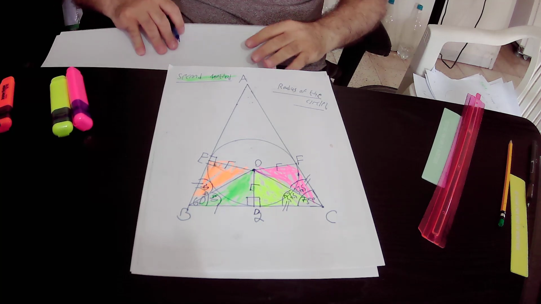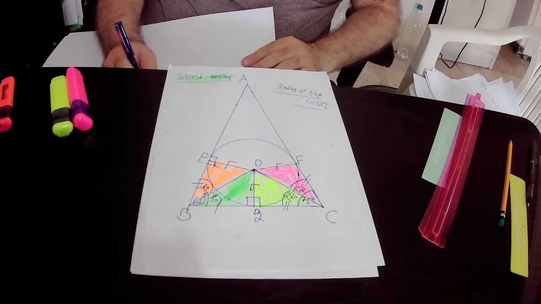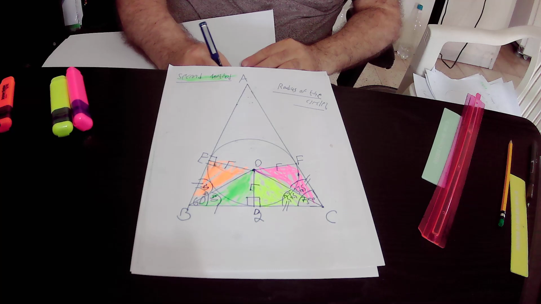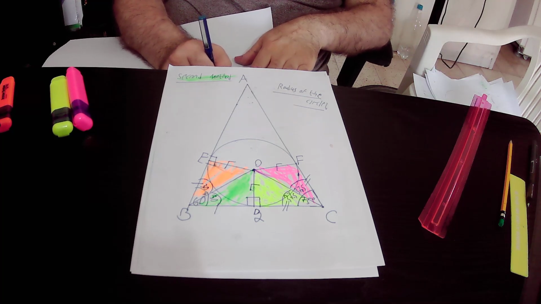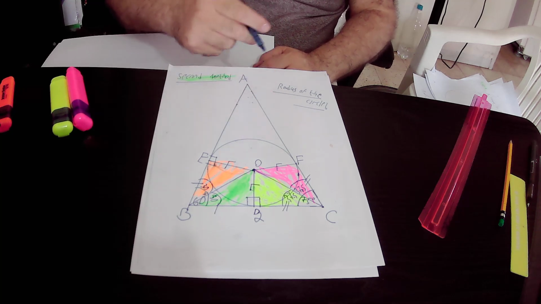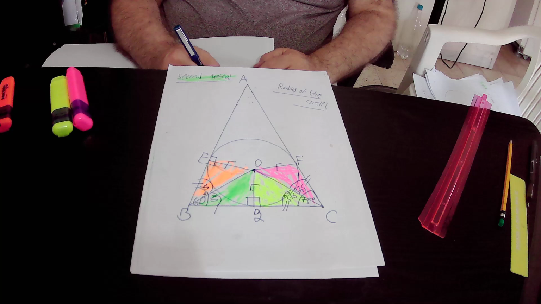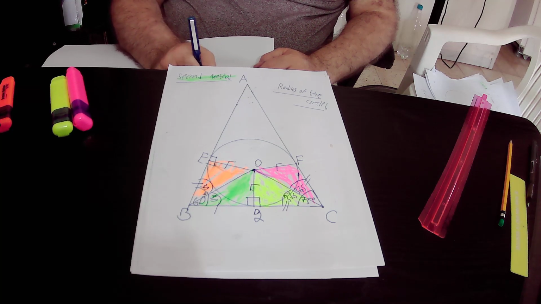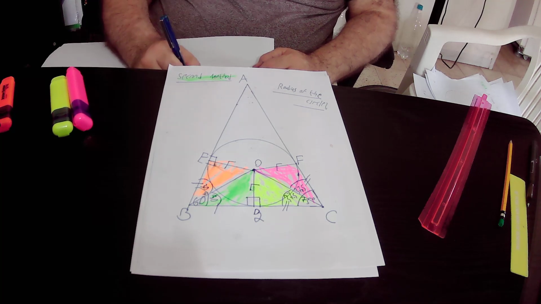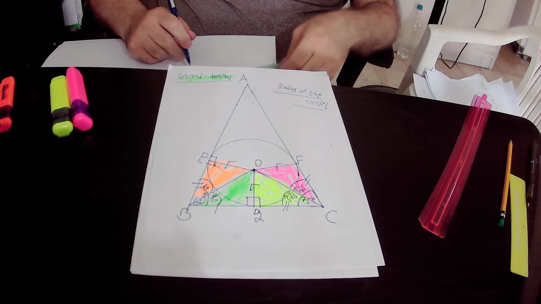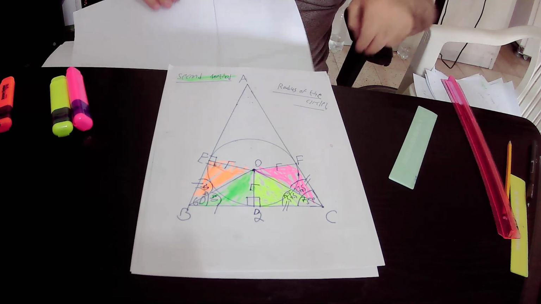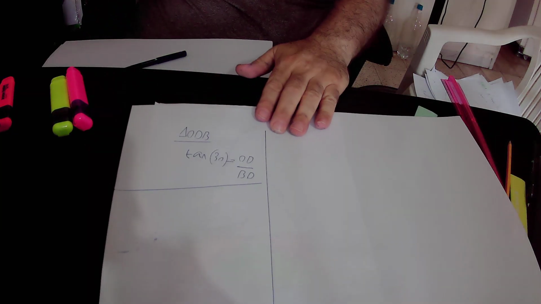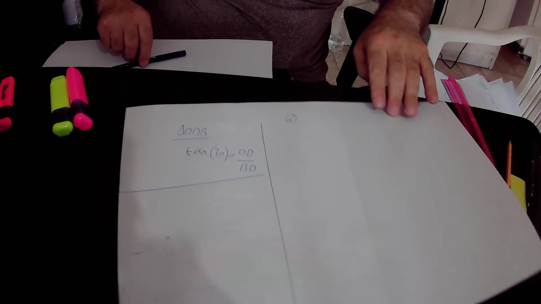In the green right triangle ODB, tangent 30 degrees equals OD over BD.